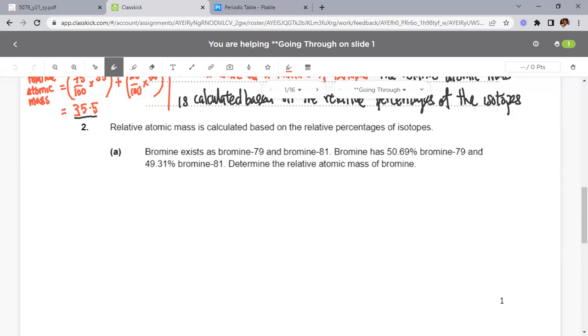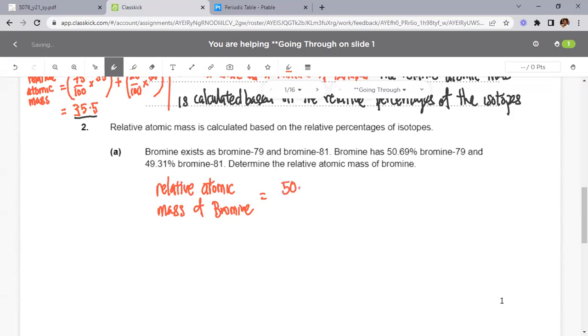So let's do this. What we're going to write is the relative atomic mass of bromine. Some of you never write bromine, just relative atomic mass, because there's only one element there, bromine, right? I know there's 50.69% of bromine-79.